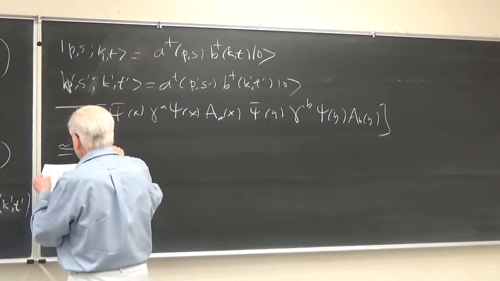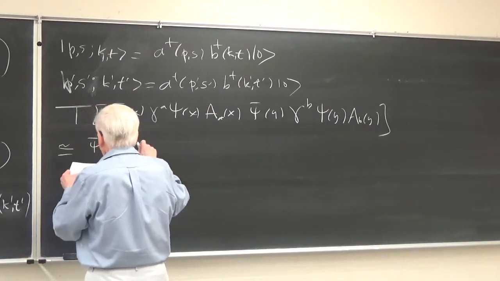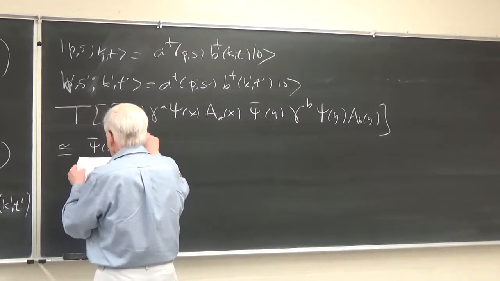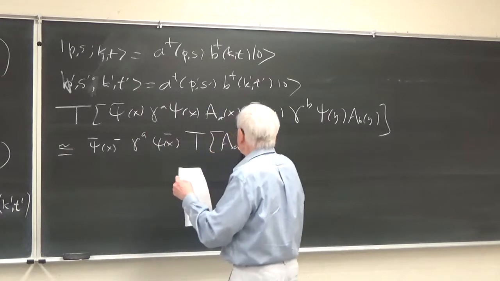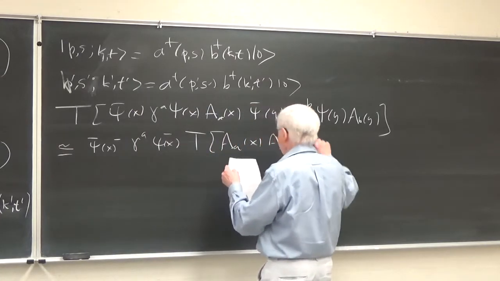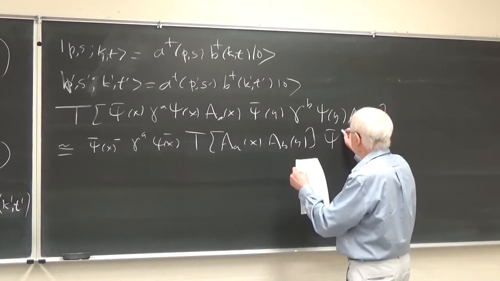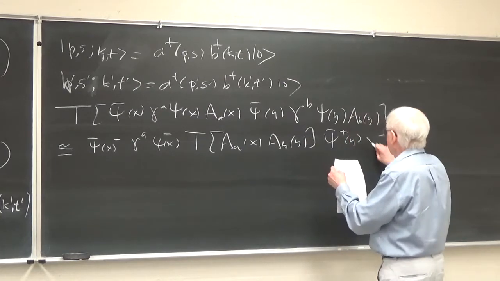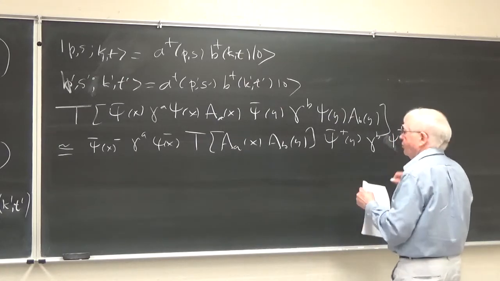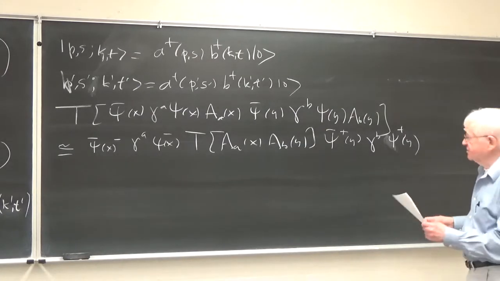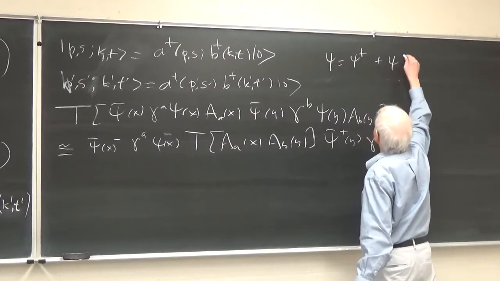So this is psi bar at x, gamma a, psi at x, and then I'm going to have T of A_a of x, A_b of y, and then here on the right I'm going to have psi bar plus of y, gamma b, psi plus of y.